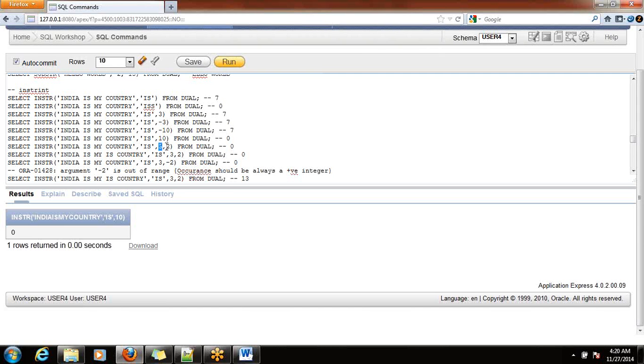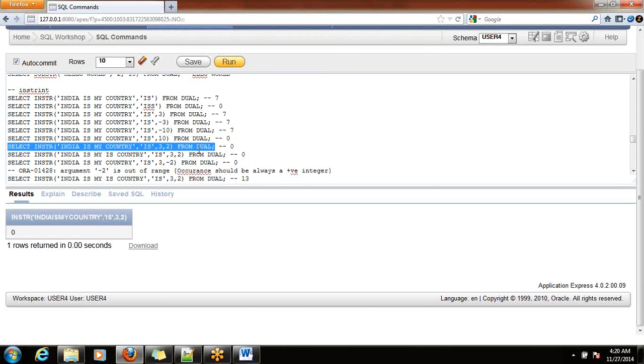And the fourth argument you can also observe here. What the fourth argument says is the occurrence: I gave 2 over there. From third position, I need the second occurrence of is. We don't have a second occurrence of is in this string, right? So it gives 0.